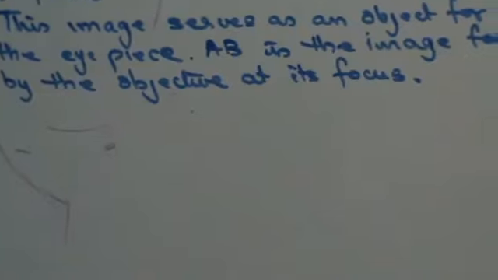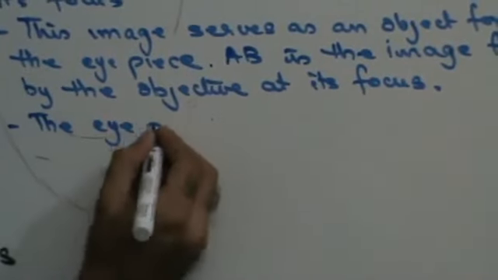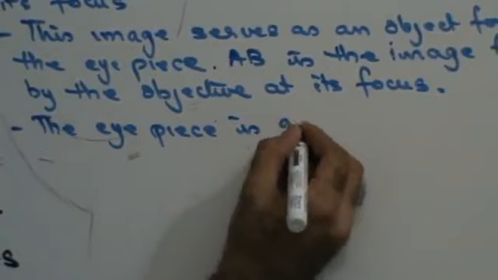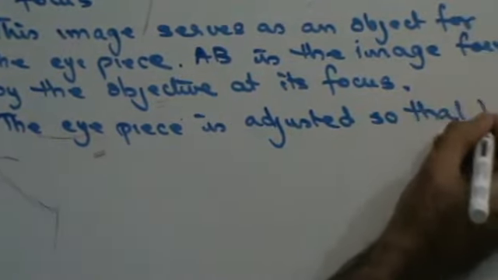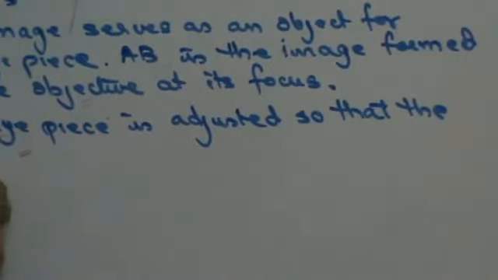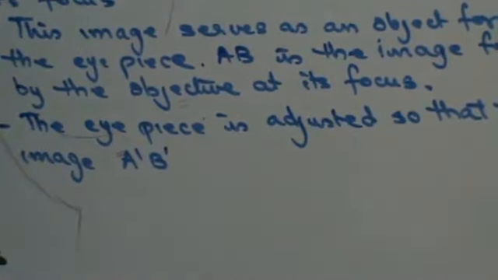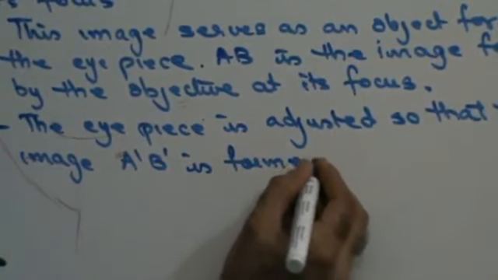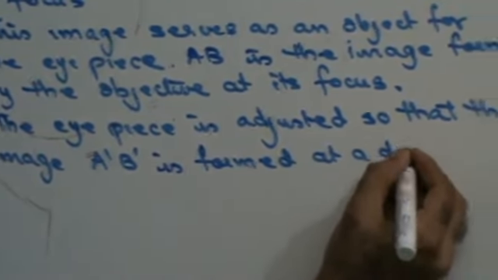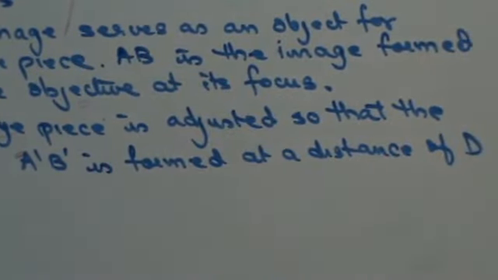Fine. Now the eyepiece is adjusted so that the image A bar B bar is formed at a distance of D. Fine, do we get this in here?